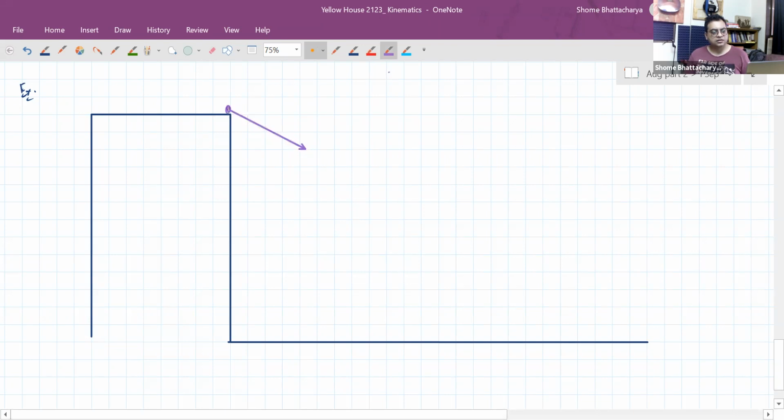So we are projecting at a projection speed of 40 meters per second this time, such that this angle with the horizontal, theta, is 30 degrees, and this height is given to us as 60 meters this time.